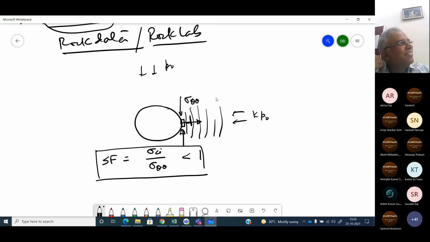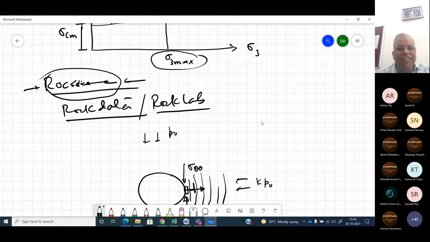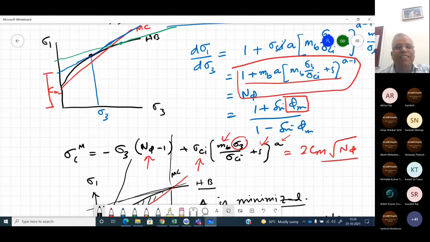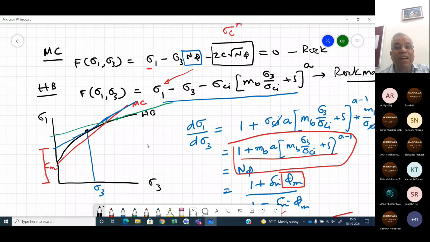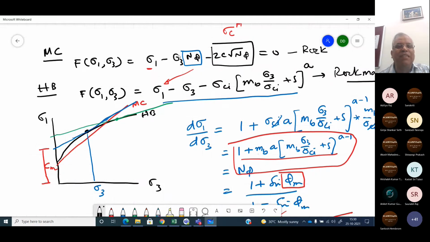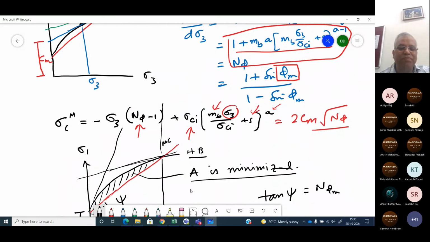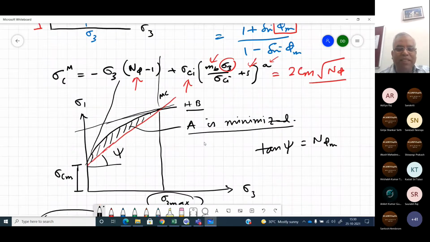Sir, maybe after a certain distance, the stress will become in situ. No, it will not go that far. It will stop before this. Sir, with distance sigma theta theta will decrease, so the safety factor will increase. Yes. And what about sigma 3? In here, what is sigma 3?